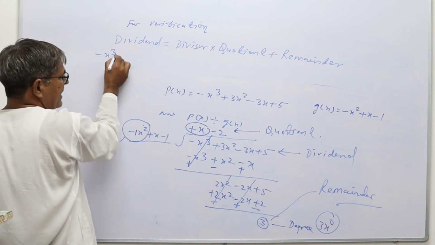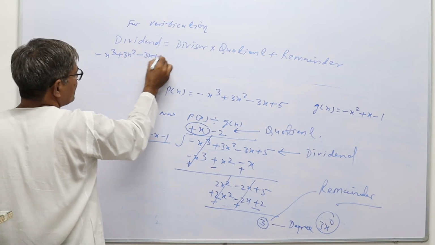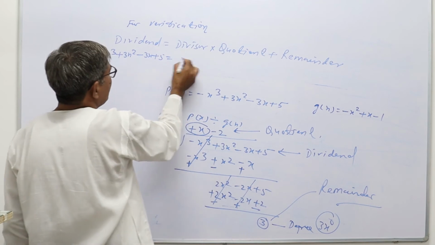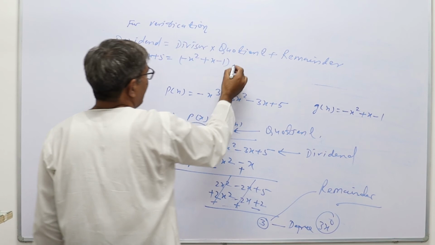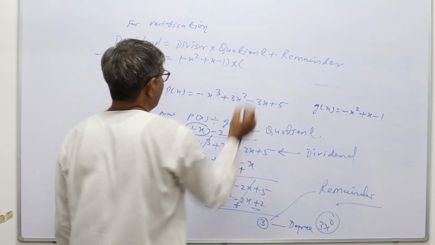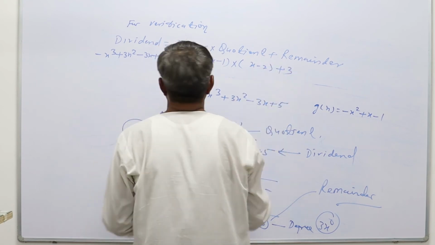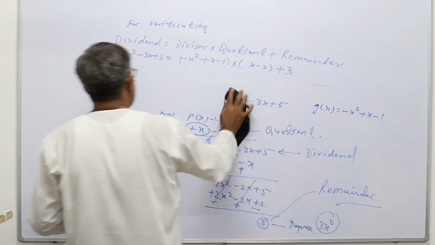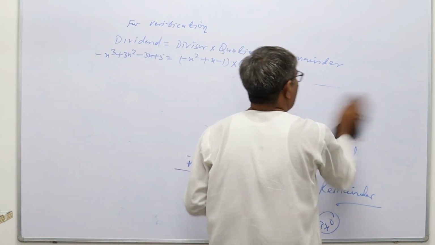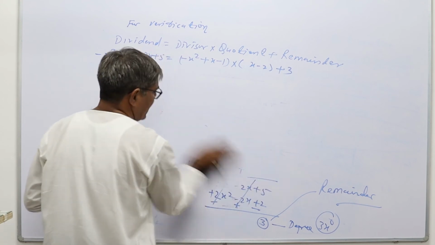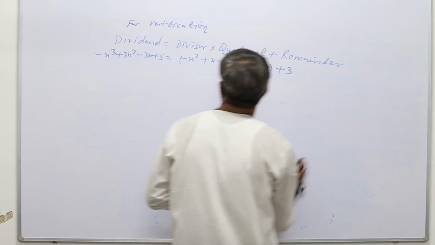Dividend is minus x cube plus 3x square minus 3x plus 5. Divisor is minus x square plus x minus 1, and the quotient is x minus 2 and remainder is 3. So we will solve the right hand side and compare with the left. If both sides are the same, then it will be verified.